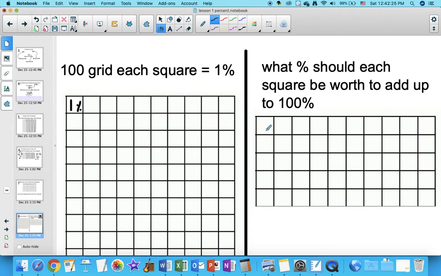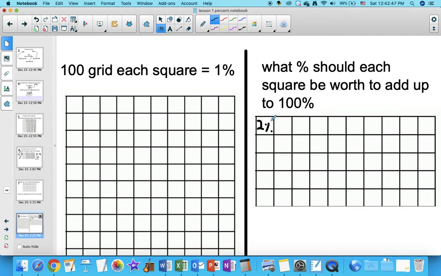In this case, I have 50 squares. But if I add up the percentage value of each square, it must also add up to 100. So if I made each square 1%, well, that doesn't work because if I add up all the squares, it's not 100. So then I would say, okay, let's make this 2%.